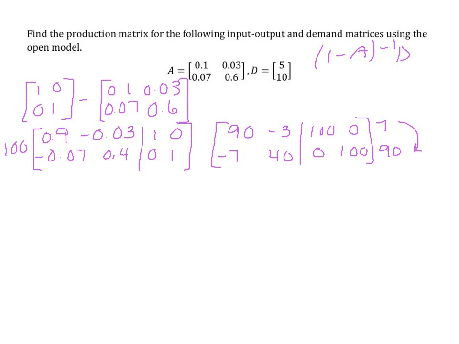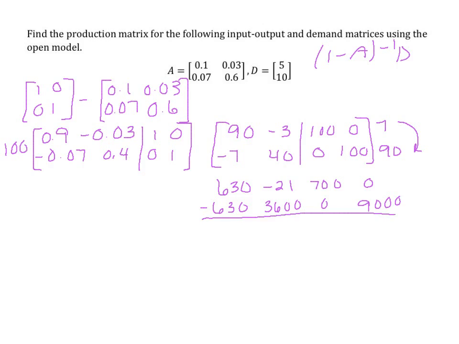So if I multiply everything on the top by 7, I will get 630, negative 21, 700, 0, and multiplying everything on the bottom by 90, we will get negative 630, 3600, 0, and 9000.